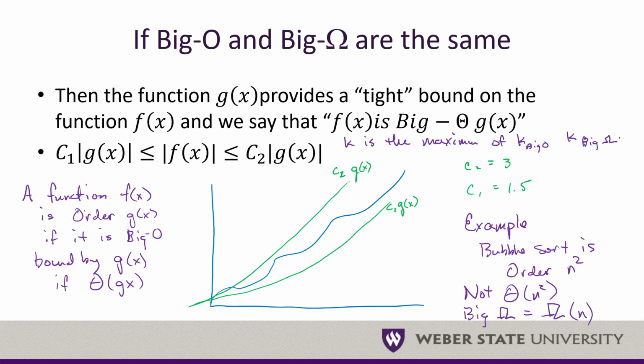So we can choose the C1 and C2 based on big O and big omega. So C1 comes from the big omega, C2 comes from big O. So this is from big omega, and this one's from big O. And that gives us our big theta.